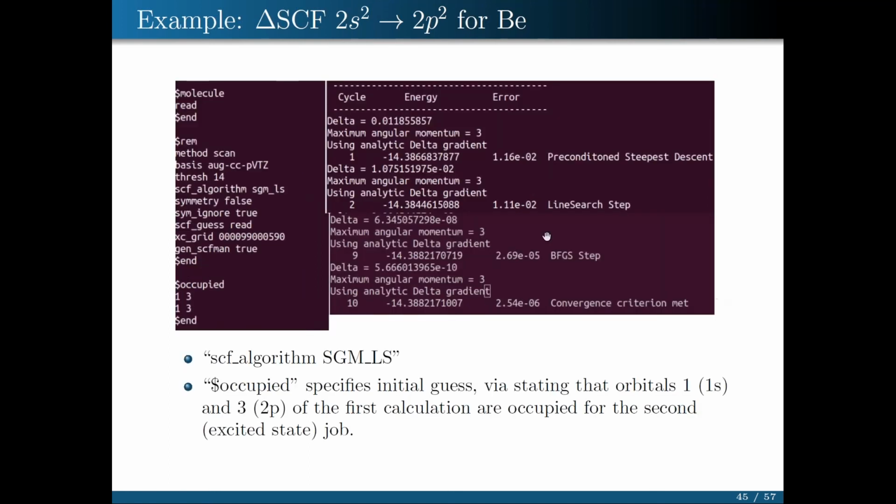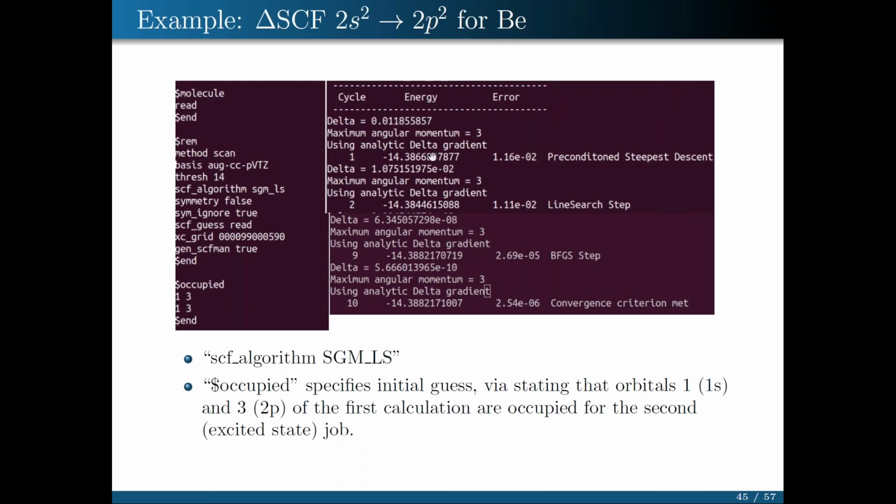Then we read in these ground state orbitals, as shown by SCF guess read, for the excited state calculation, in which the input is very similar to the one before, except that this time the SCF algorithm has been specified to be GDM-LS, and there is an occupied section that says you're reading in the orbitals from the previous job, but you're occupying the first orbital, the 1s orbital, and the third orbital, which is one of the 2p orbitals for this excited state, and you're leaving the second orbital, which was the 2s orbital in the previous job, empty. And with this, you ask it to run.